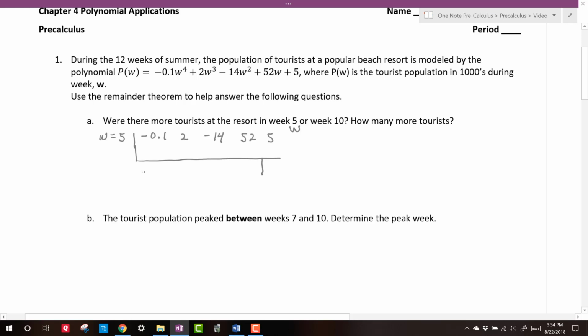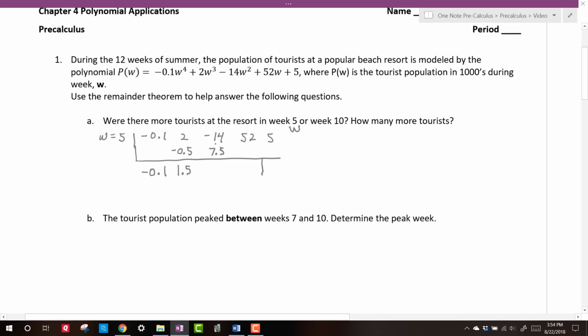So I'm going to drop down the first term, that's negative 0.1. I'm going to multiply that by 5, that's negative 0.5. And I'll add those two together, which leaves me positive 1.5 right here. If I multiply 5 times 1.5, that gives me 7.5.